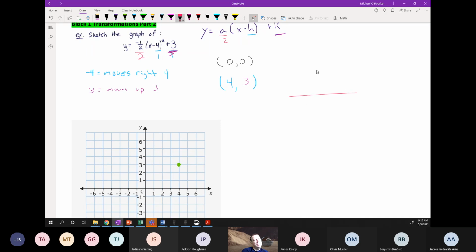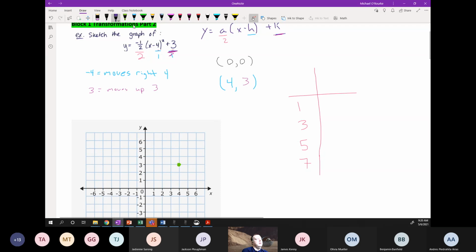Now, before I do my a value, I'm going to write down my step pattern. My OG step pattern, my original step pattern, is 1, 3, 5, 7. That's my original. What's my a value this time?